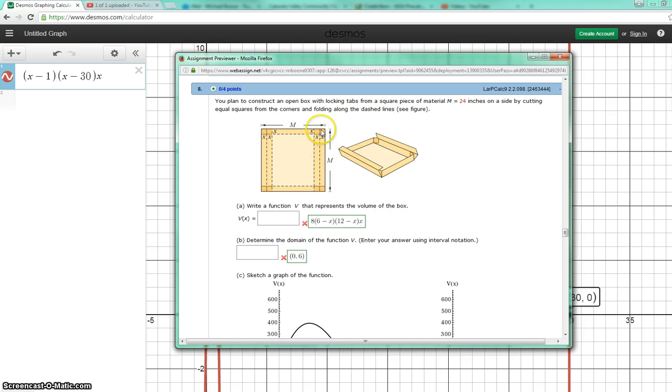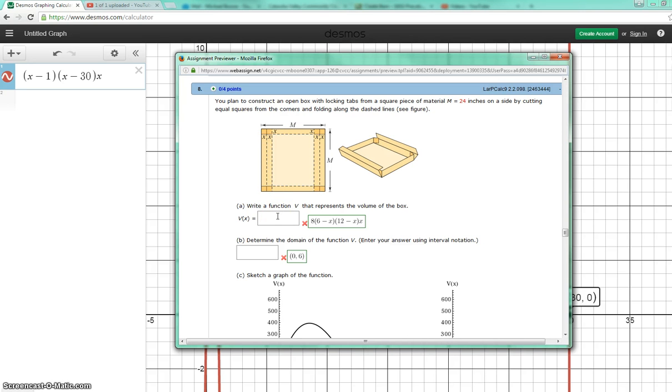So it looks right there that I've cut out 2 x's if I'm going across. 2 x's here and 2 x's here. So this inner length looks like it would be M, that 24 distance, minus 4x, where this length would be M minus an x there and minus an x there.